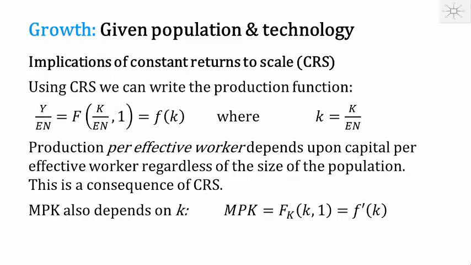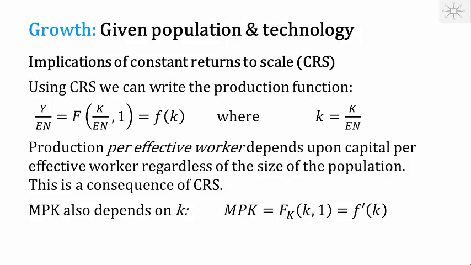What does this tell us about income differences between countries? Well, to find out, we use the assumption of constant returns to scale. So remember, constant returns to scale says that if we double the production factors, we double production. And when we have constant returns to scale, we can write the production function in a slightly different manner.